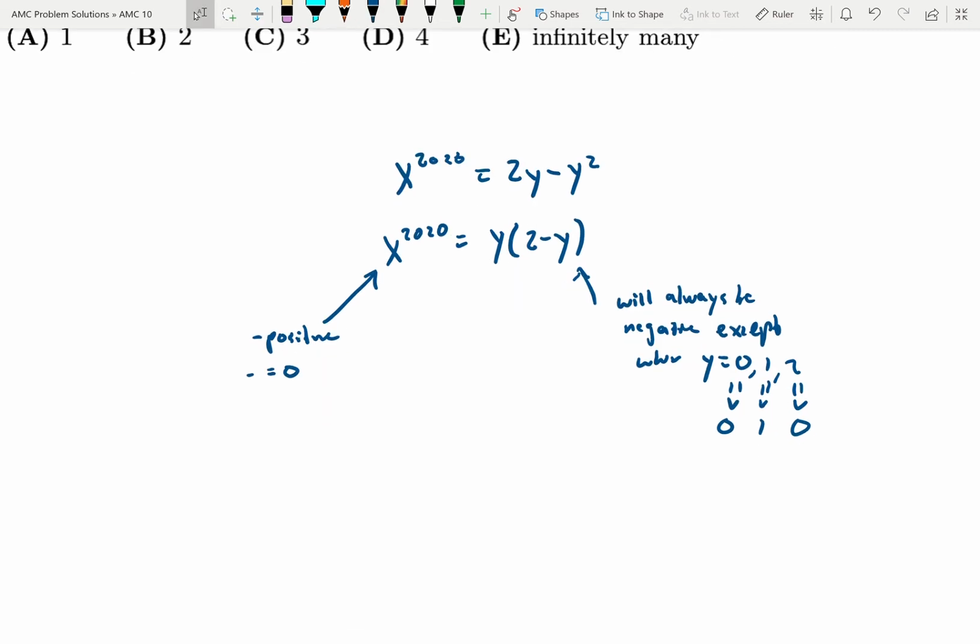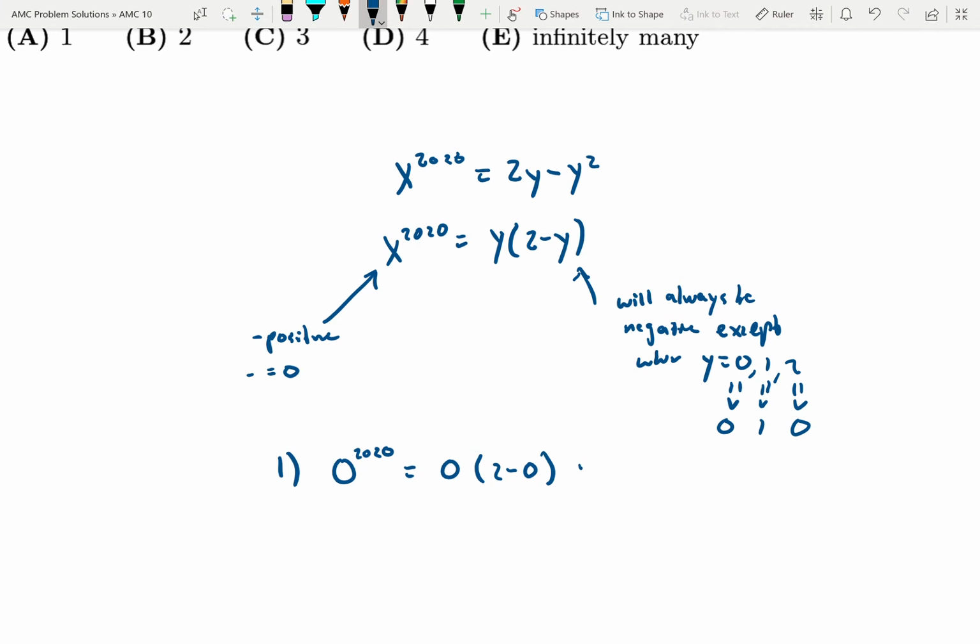So let's just consider the scenario when x is 0. The only case when x to the 2020th is 0 is when x is equal to 0. So I do 0 to the 2020th, and in that case the right side has to be 0. First I'll do when y is 0. So 0 times 2 minus 0.